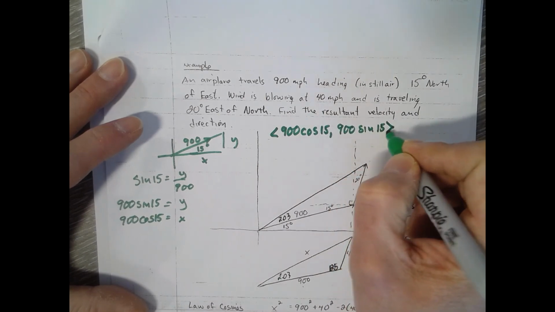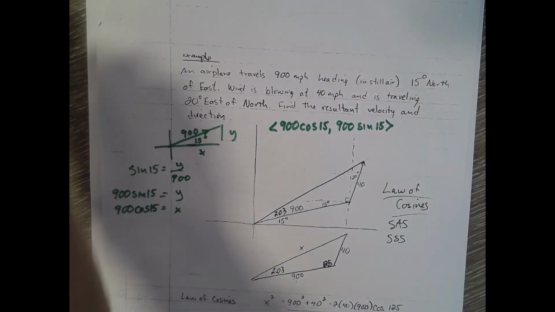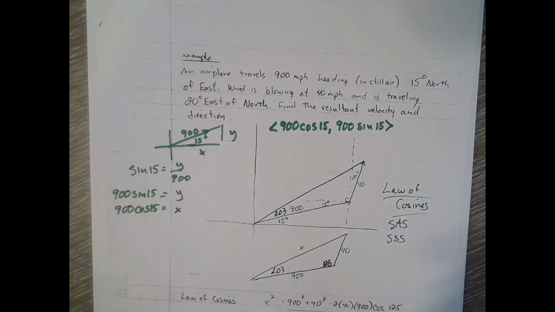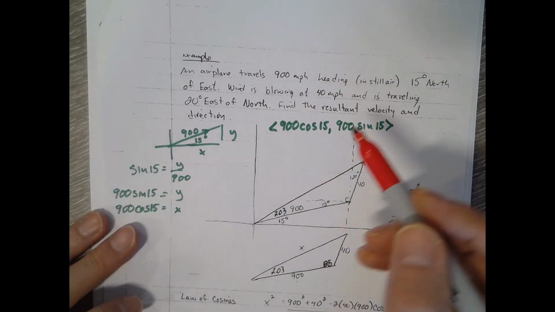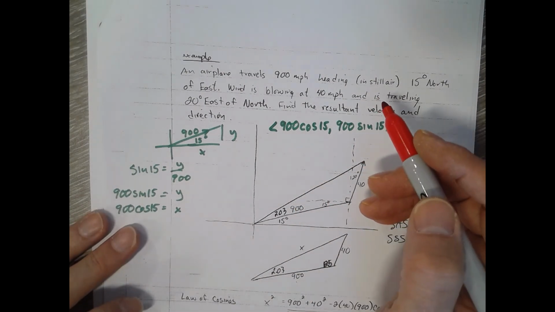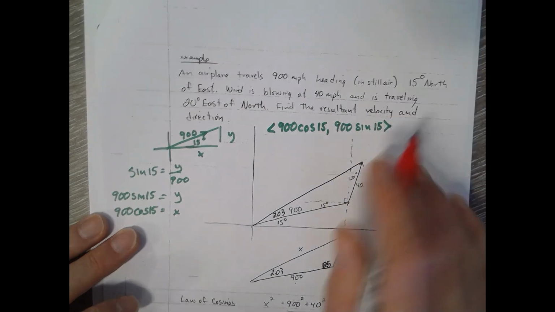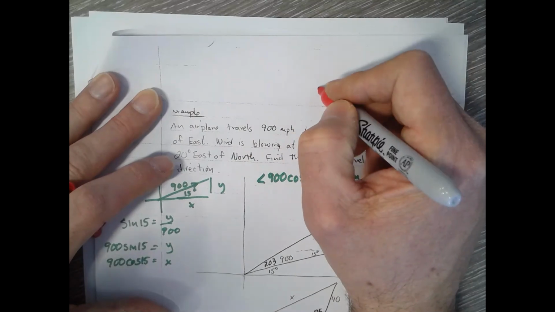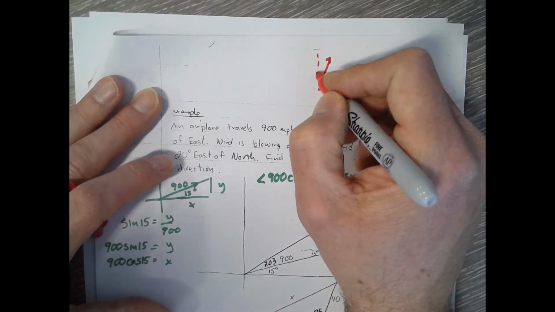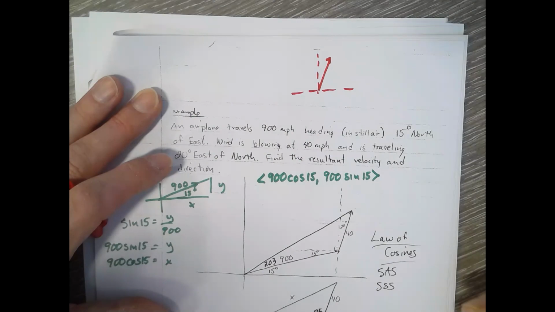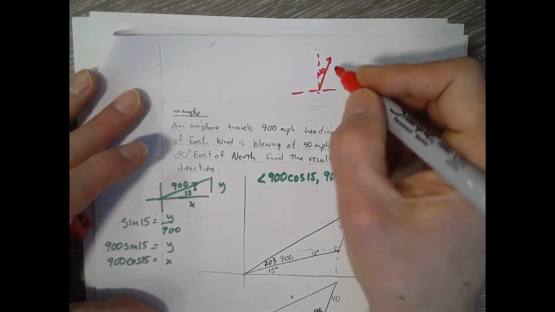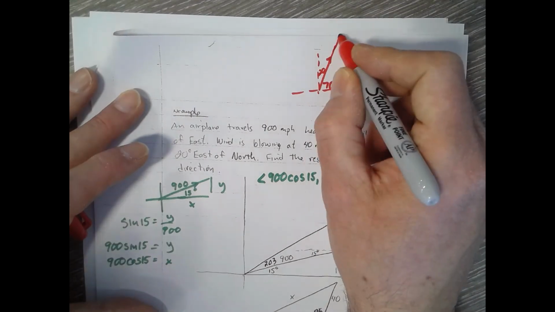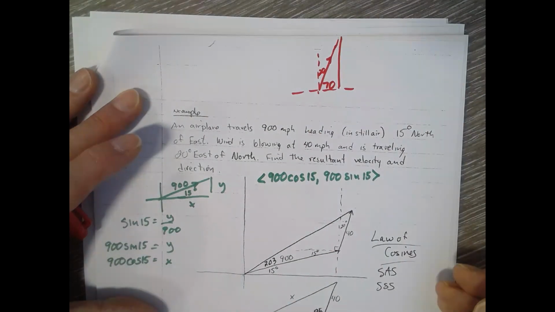We've got one vector down. The only other vector in this problem says the wind is blowing at 40 miles per hour, traveling 20 degrees east of north. Okay, so we've got this vector. This is 20 degrees, so that means this is 70 degrees. And the hypotenuse is 40.